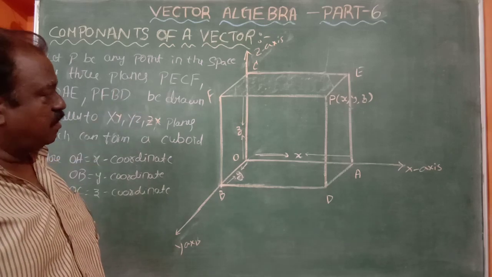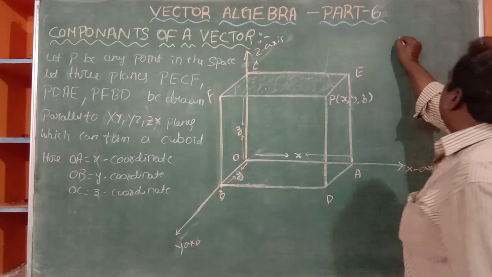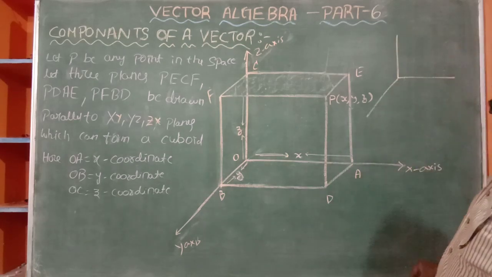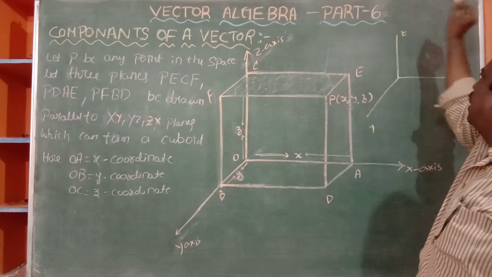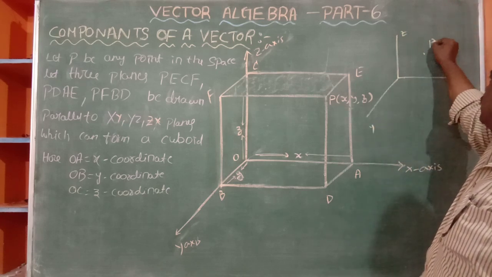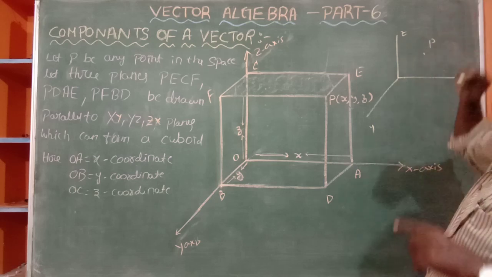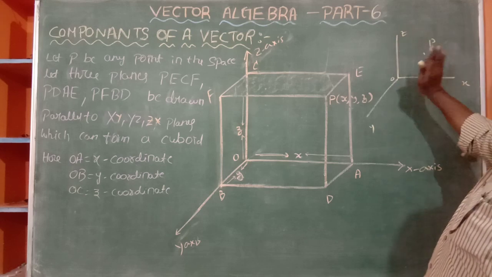Components of a vector. Once again I will draw here. You see, like this. It is the x-axis, y-axis, z-axis. P is a point. You may feel that P is on the XZ plane, that wall.